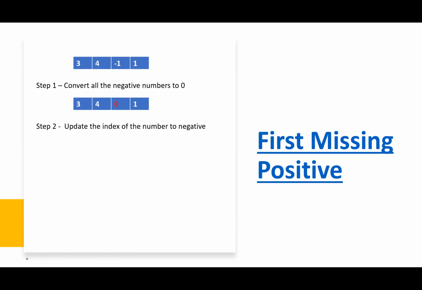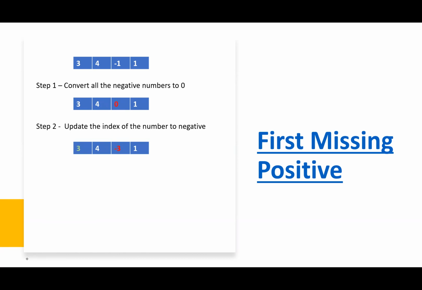Now we will put the second loop and we will update the indexes according to the numbers. Let's go through each element in the example to explain it in a better way. Let's say the first item is 3.